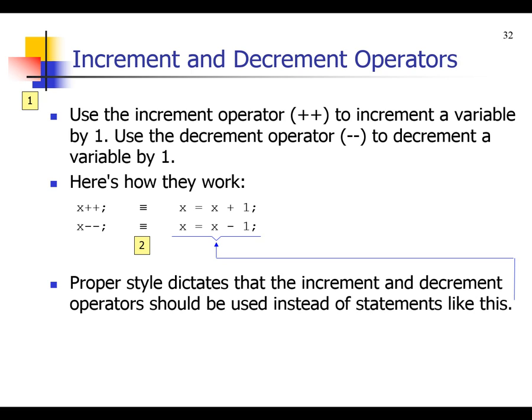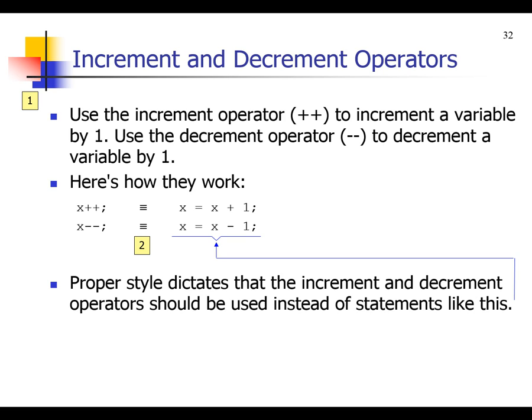Now, if I have a plus plus x, or minus minus x, x minus minus, if I'm in a loop, depending on the value of x, do I add before the loop starts, or do I add after the loop is executed?